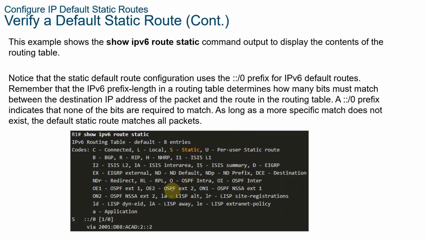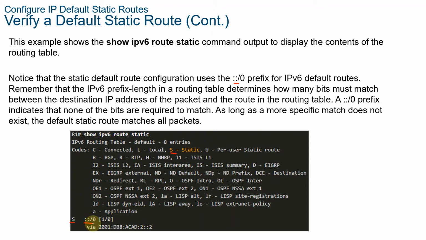Another thing is on IPv6. The example shows the show ipv6 route static command to display the content of the routing table. Again, we have here an S. Notice that the static default route configuration uses the ::/0 prefix for IPv6 default routes.